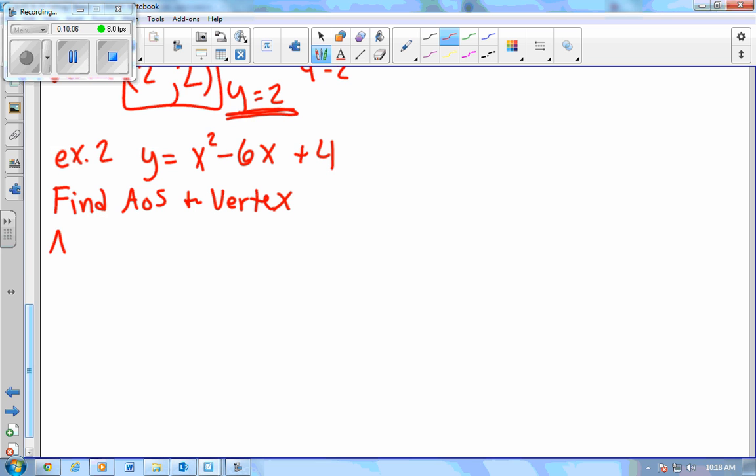Remember, axis of symmetry is x equals negative b over 2a, because it's an equation of a line or an axis. Okay, with your neighbor, work it out. When you think you have it, check with your neighbor, see if they got the same. You can when the bell rings.